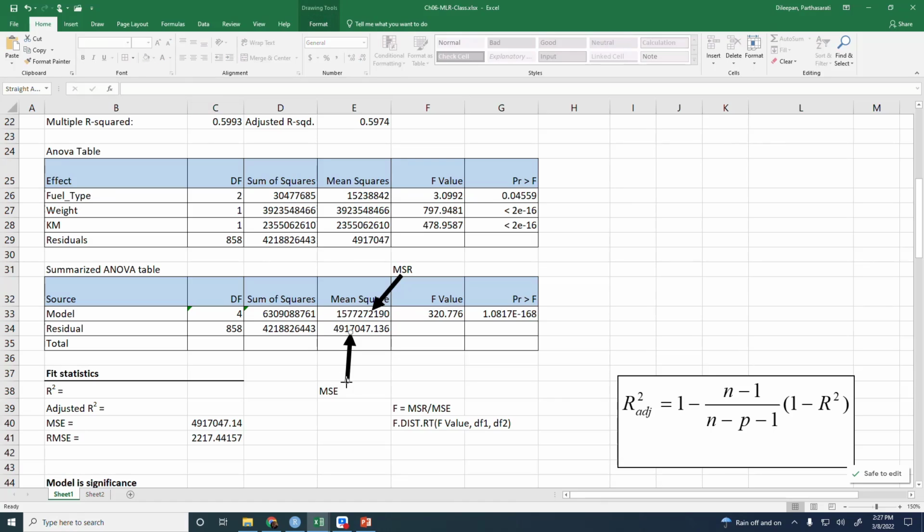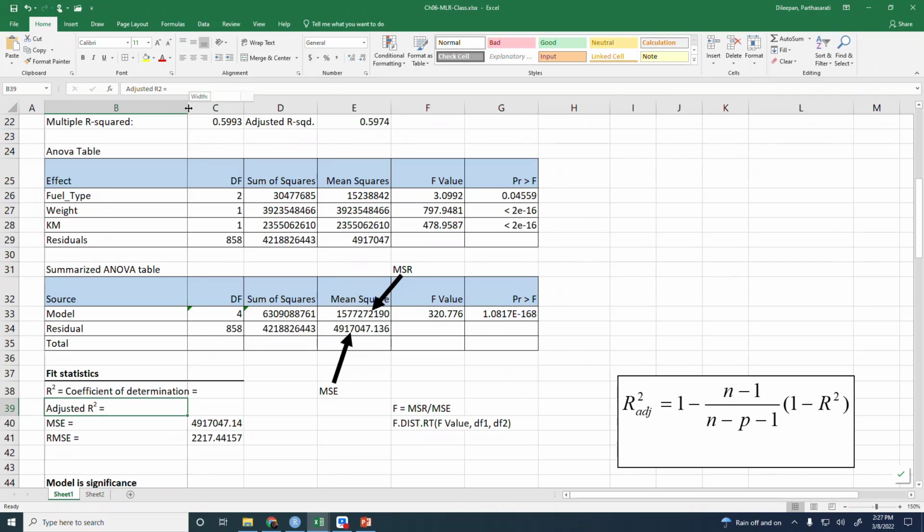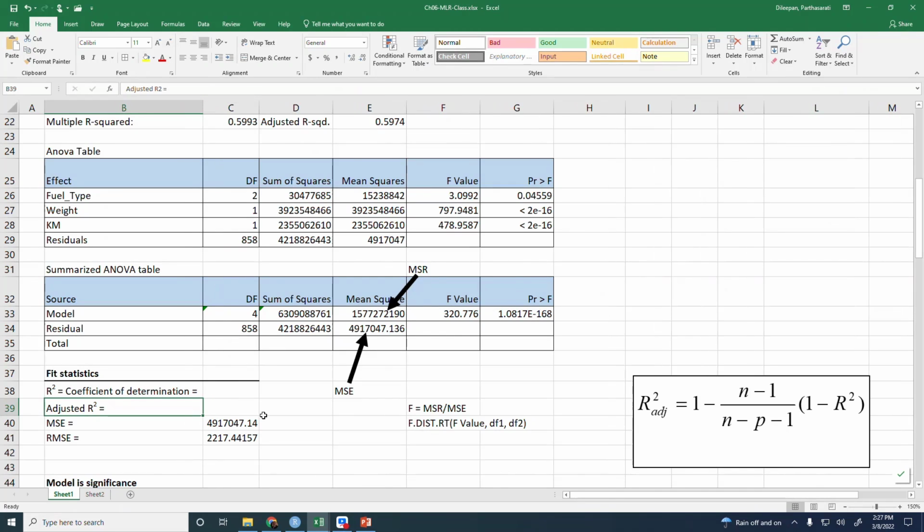Now R squared is another name for the coefficient of determination. The coefficient of determination is SSR divided by SST.